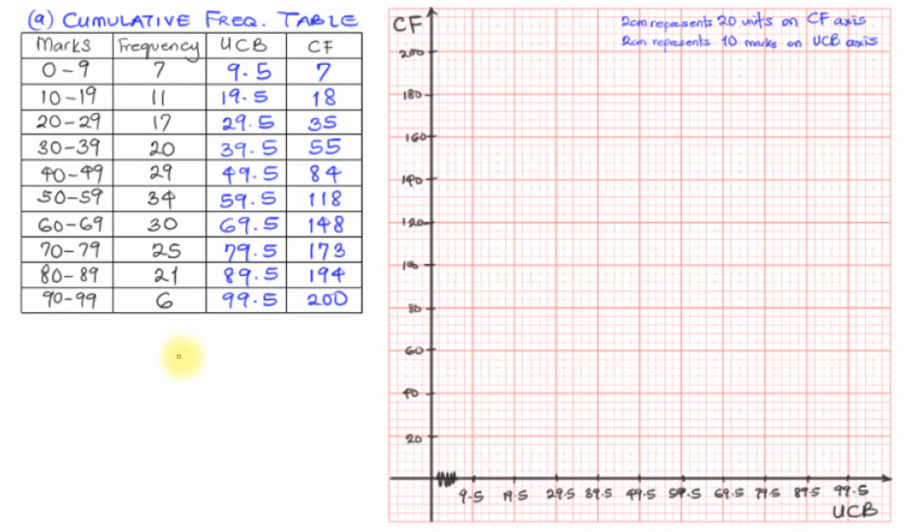Now, on the cumulative frequency axis, already I'm saying 2 centimeters. Each of these tick boxes is representing 20 units. So here on my graph, I have 5 divisions. So I can say 5 is corresponding to 20 units. Okay. So how much value is just a small box going to take?